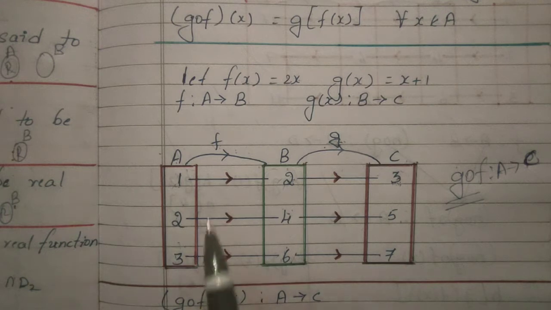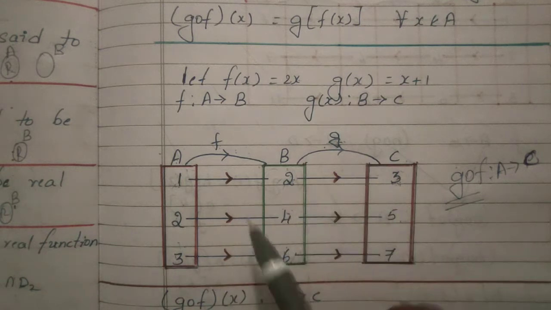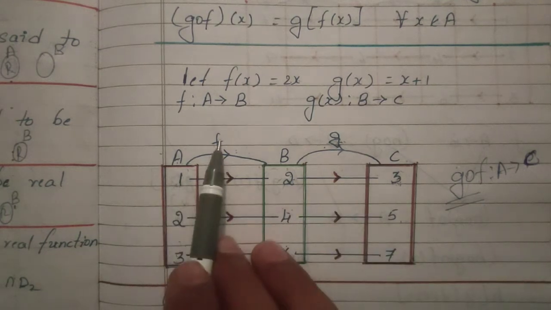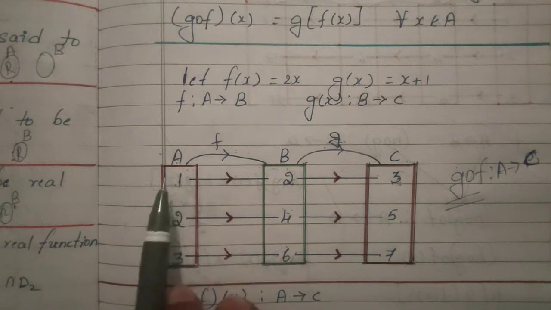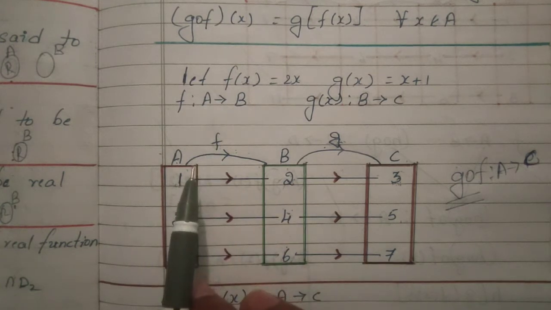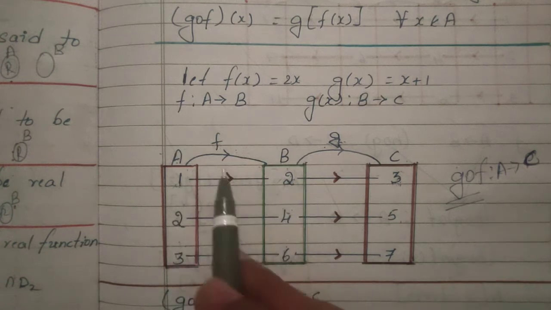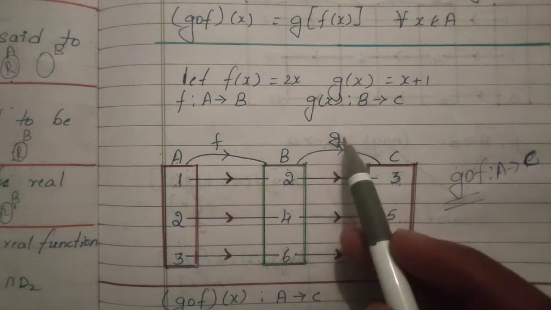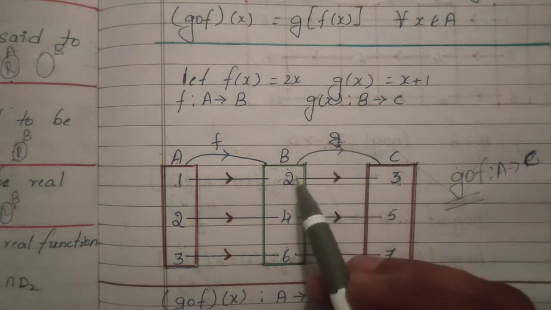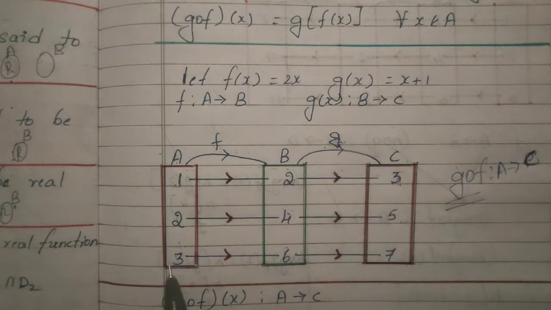Another example: f function, when you enter the roll number, it shows your name. That is the f function. G function, when you give the name, it shows the result.